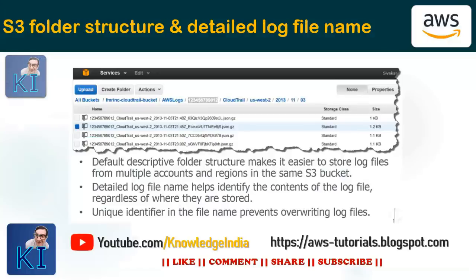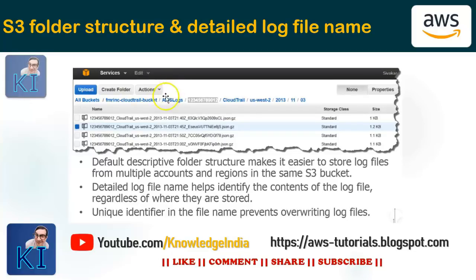All right, so as we discussed, in one S3 bucket, you can have the CloudTrail log files coming from different regions. The way CloudTrail does that is it maintains a very intelligent structure in the form of folders within that S3 bucket.